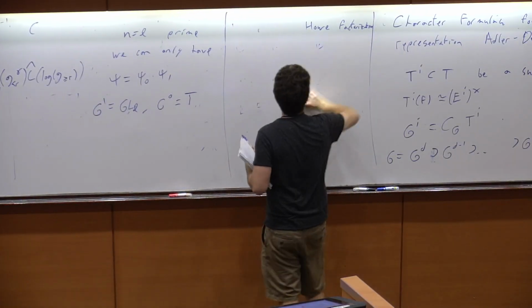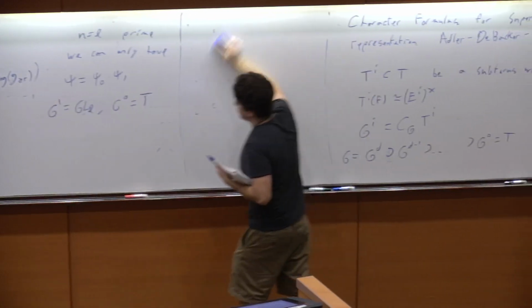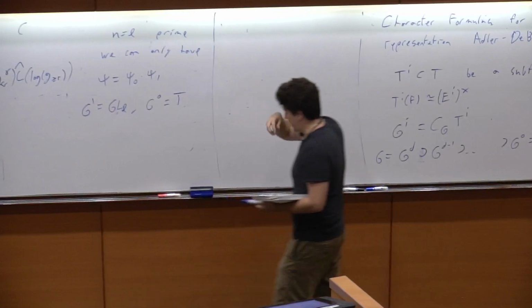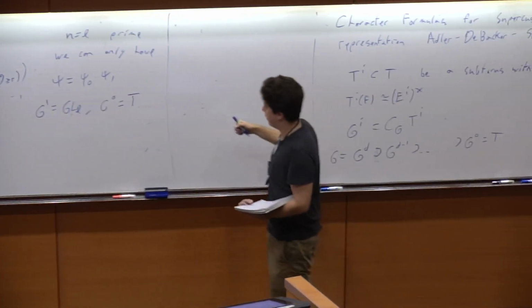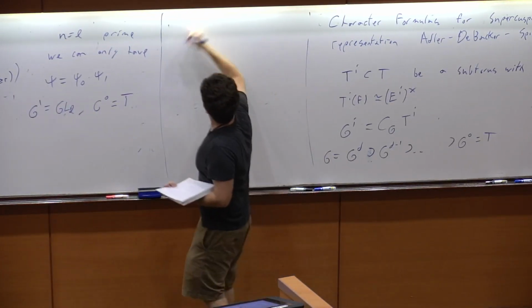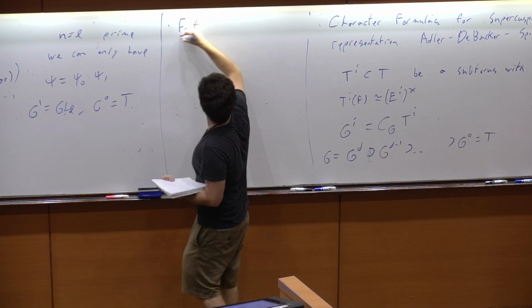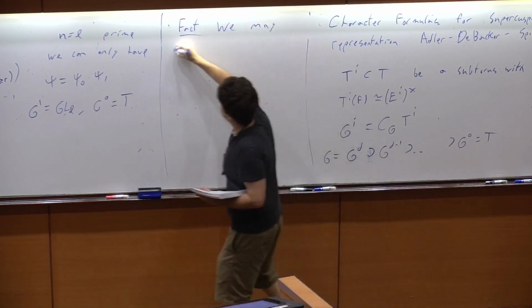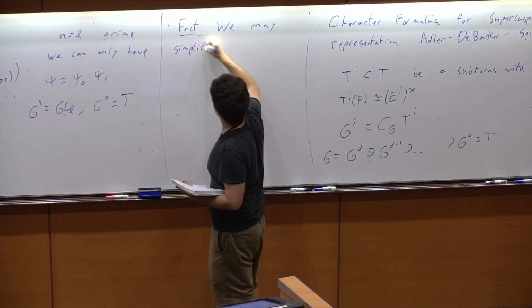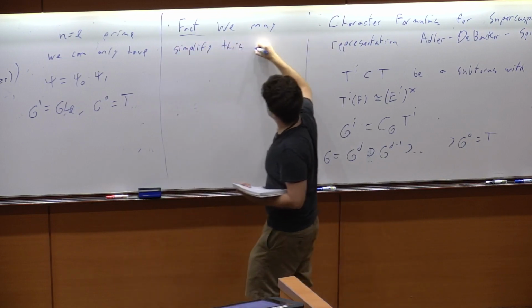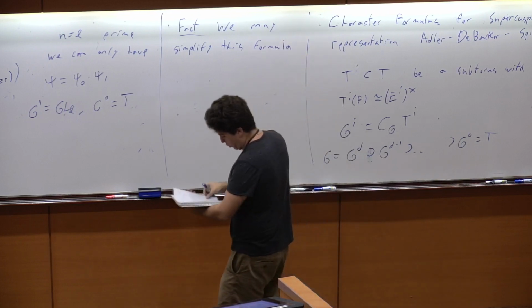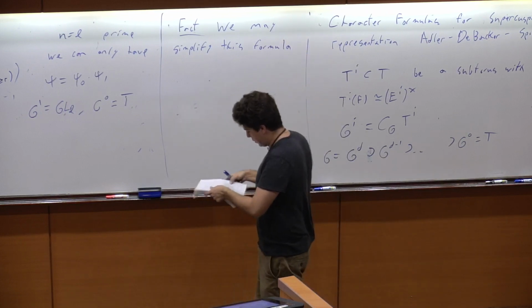But in fact, what we can see is that this somewhat yucky formula does have a simplification in the case of GL_l. So in fact, we may simplify this formula, and it works out quite a bit nicer than it appears.